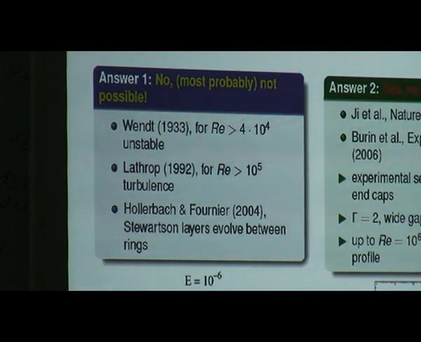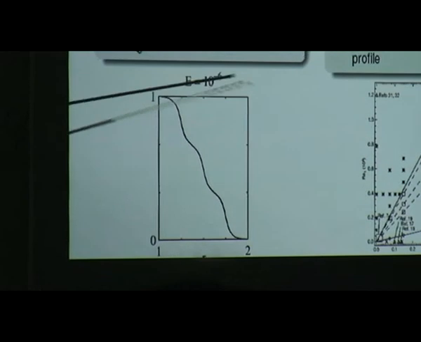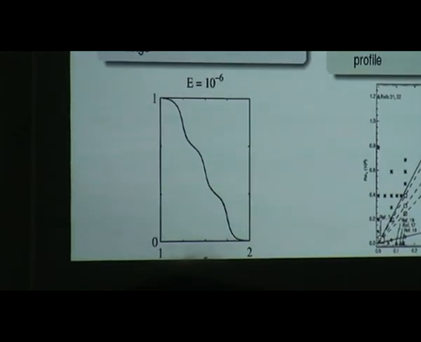Hollerbach and Fournier showed that if one is using a finite number, 3, 4, 5 rings, or 10, then one always has such drops of the flow profile, Stewartson layers, that become thinner and thinner for growing Reynolds numbers. So far, magnetorotational instability experiments with liquid metals need such high Reynolds numbers, where the Ekman number corresponds to 1 over the Reynolds number, that it will never be possible.